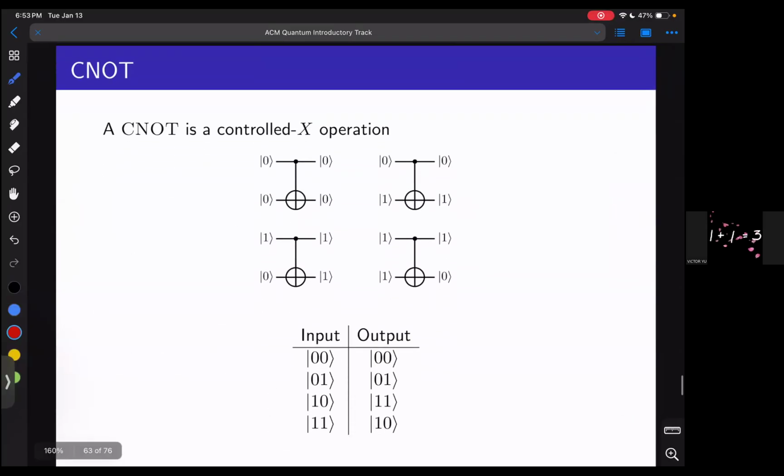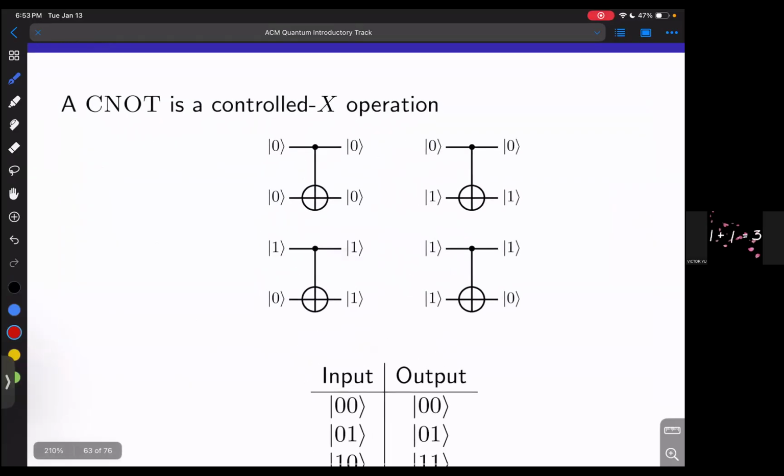And the gate that we'll see a lot of times is the C naught, which is the controlled X operation. It looks like this, where the black dot again is the control, and this is the target. That big hollow circle with a plus in the middle is an interesting way to represent an X gate, but I don't really know why the convention's like that.